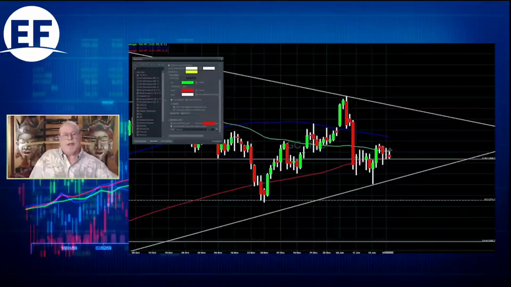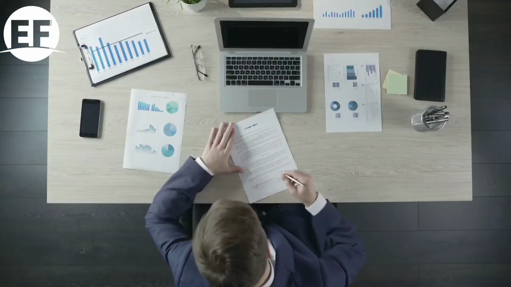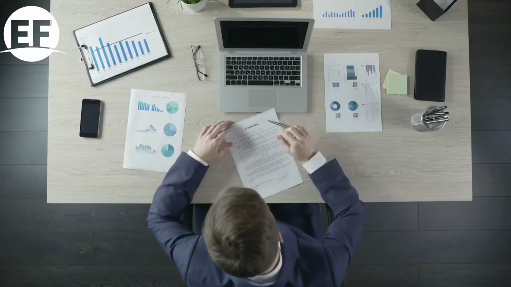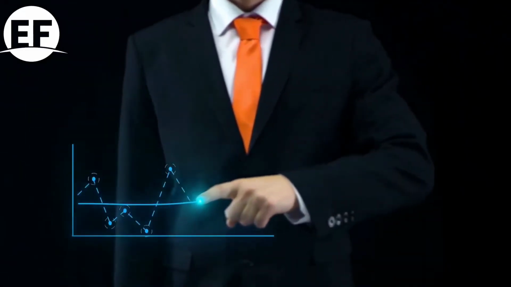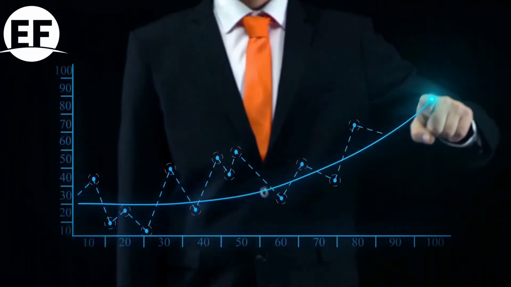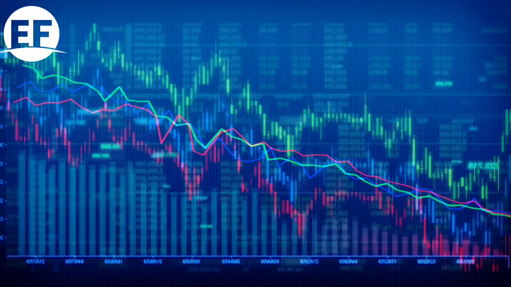And what I'm seeing is, you can also see that I've drawn a basic compression triangle. So let me rescale this a little bit. When we take a look at what I call the big picture, what we can see is that from August through November, we had a series of lower lows, series of lower highs, correct? Yes.